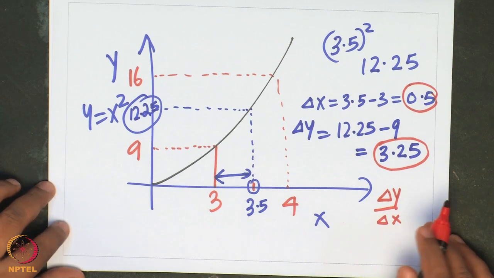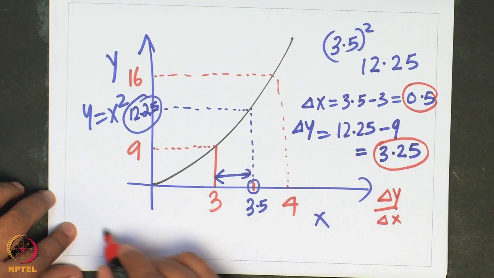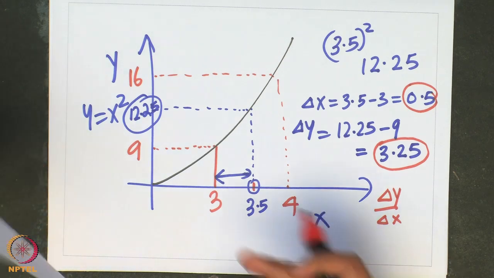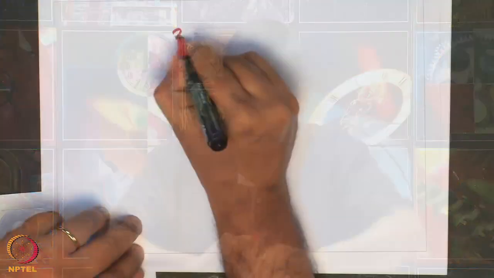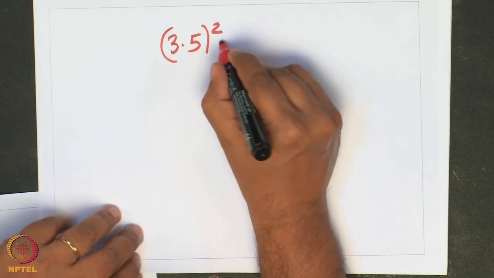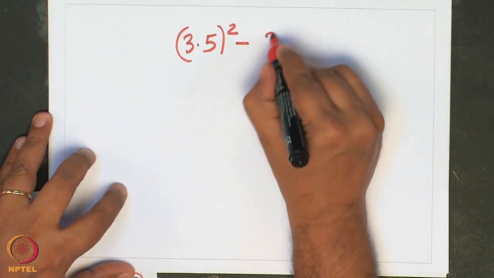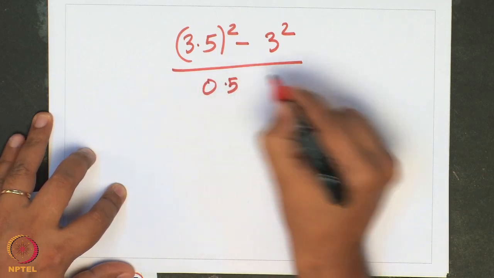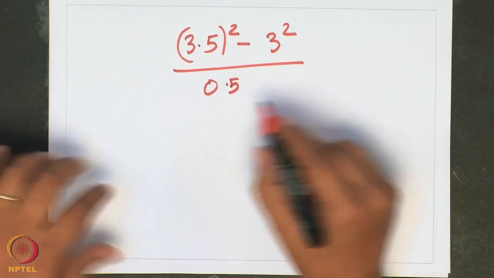Let me write it in a different paper. What we got is basically 3.5 square minus 3 square divided by 3.5 minus 3, which is 0.5.